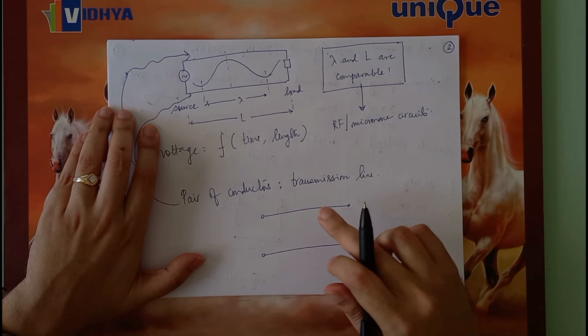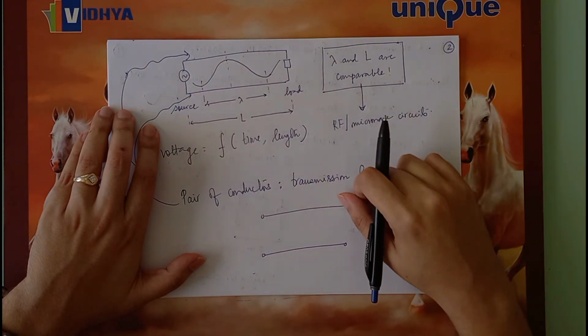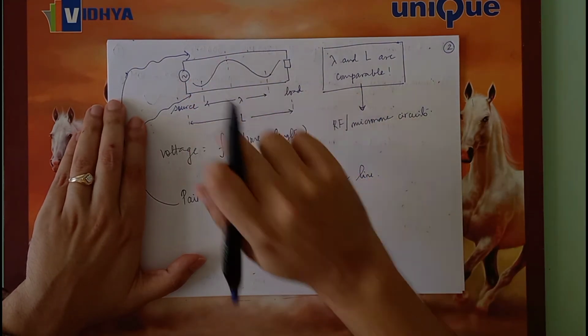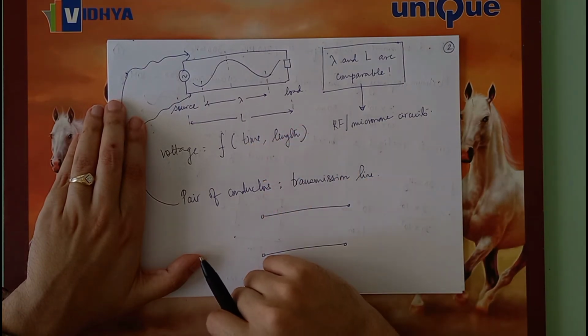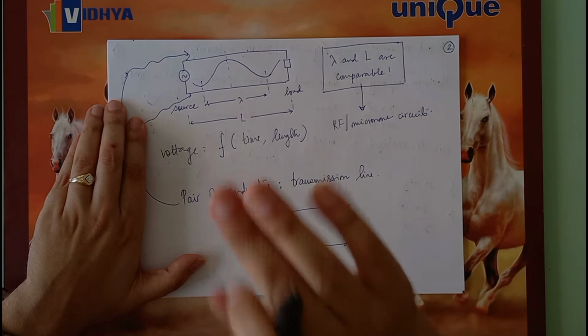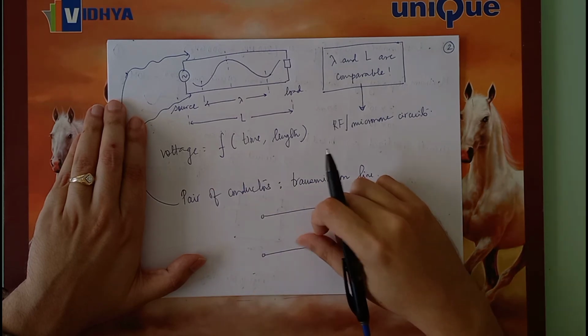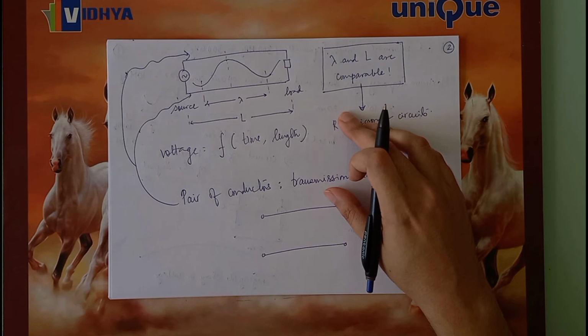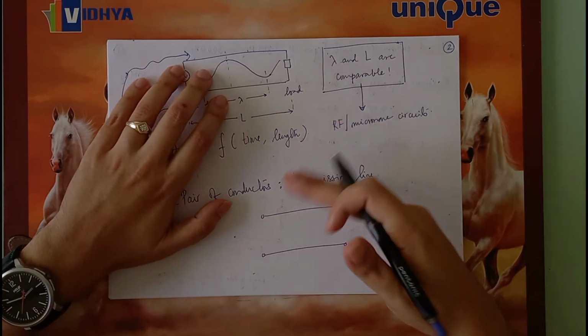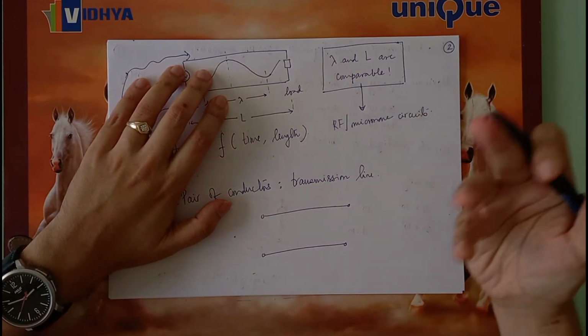Well, as you know, in transmission lines, the voltage or the current are functions of time as well as length. So for the sake of convenience, we want to use the same theorems that we use in our circuits, things like Ohm's law and Kirchhoff's laws.